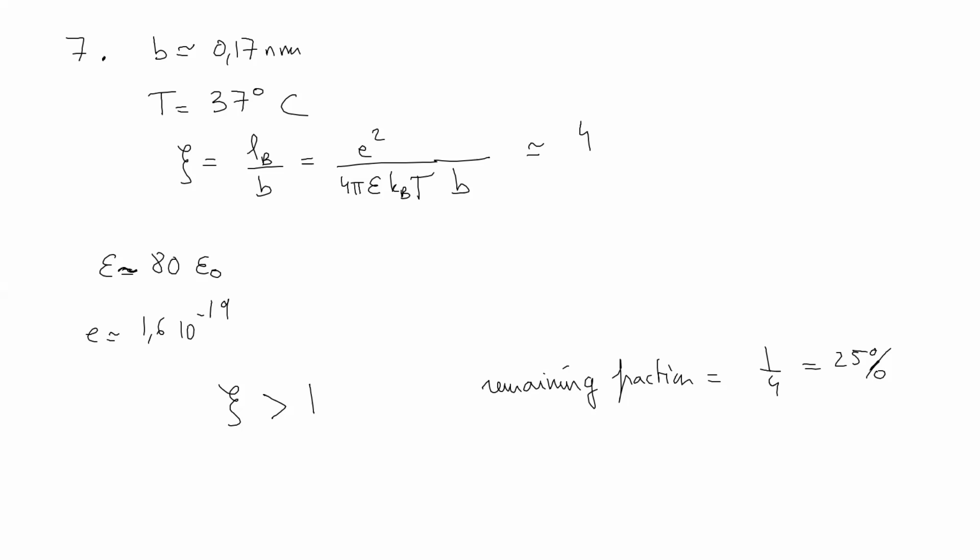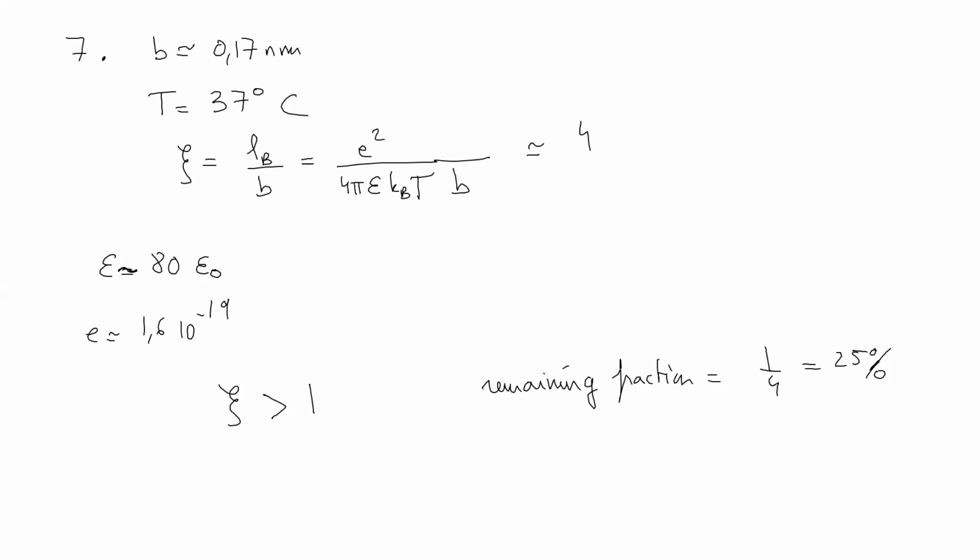Okay, so that's the main idea of the paper by Manning, and you can have a look at it to make your own understanding of things. Now I would like to go one step further. If we do so, it means that there are plenty of counter-ions that are useless as well in the cell.